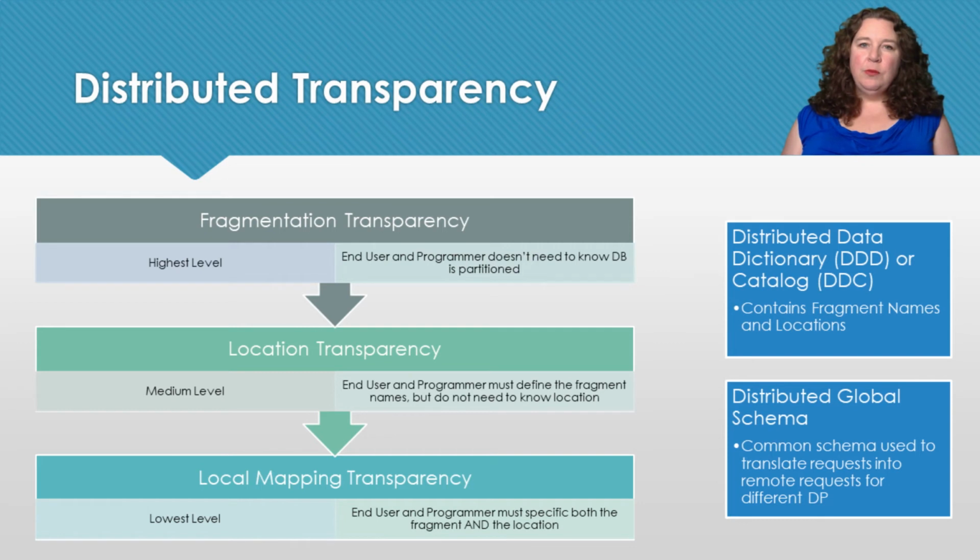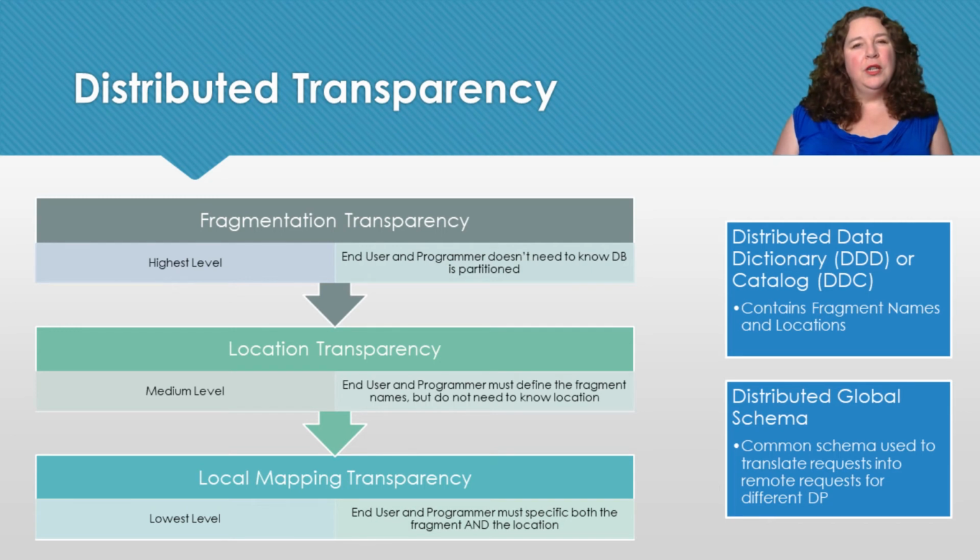There are a couple things that we use to do this. We use our distributed data dictionary, or our distributed data catalog, which is a system catalog that we use to keep track of those fragment names and the locations they exist in. Yes, it will exist on your computer in your server, and it'll be part of the system directory of keeping track of that catalog in there.